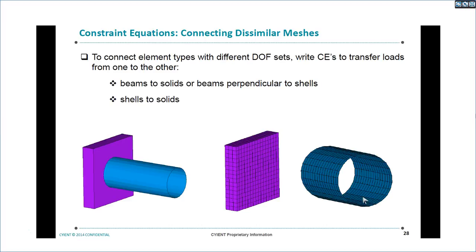Similarly, in a similar example, I have a solid model here and a shell model here, and if you want to establish connection between these two things, we can use CS. The same is the case for beams and solids, beams to solids or beams perpendicular to shells, shells to solids. These are some examples. Here you need to understand we can connect dissimilar meshes only through series.